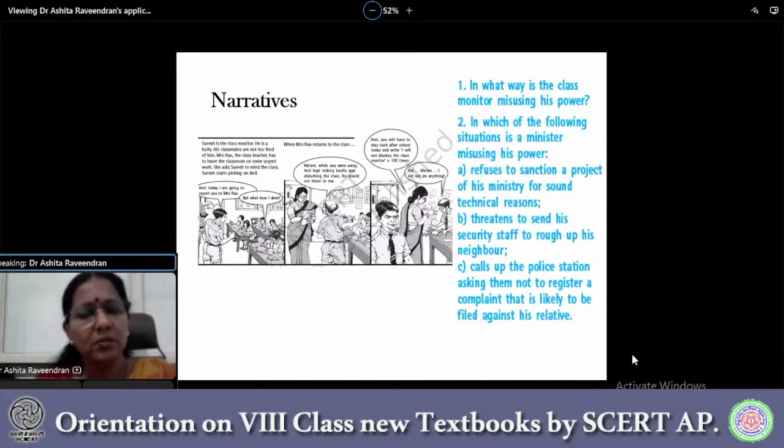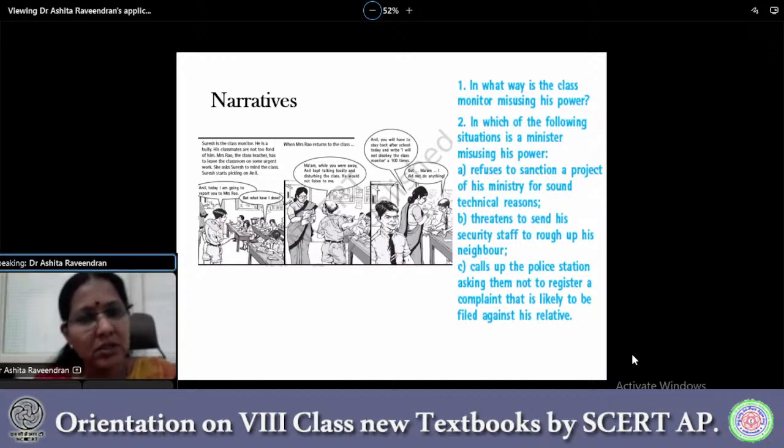Now, if the minister is threatening the security staff, because he has a fight with the neighbor and the security staff has been sent there, then threatening that is a misuse of power. Then at the police station, you are not allowing the police to act according to the rule of law.